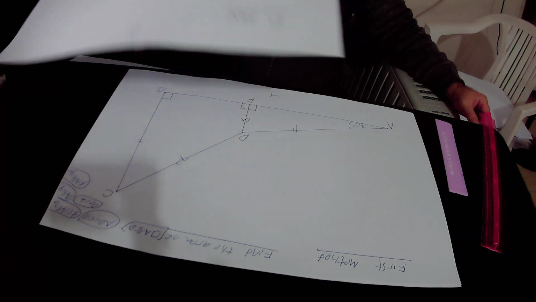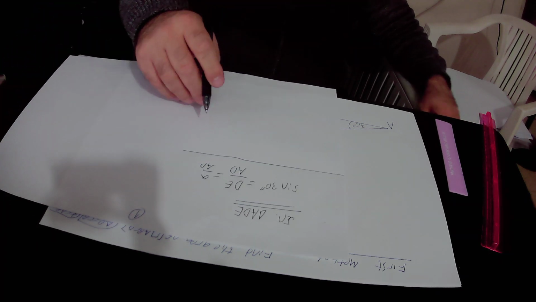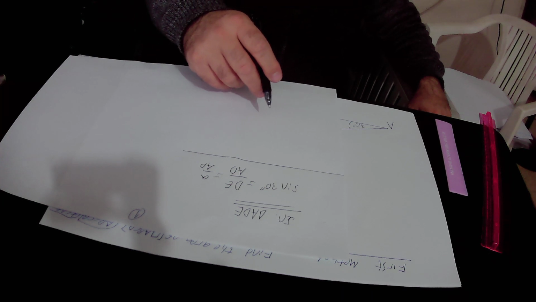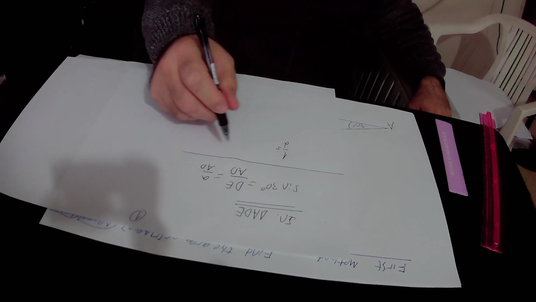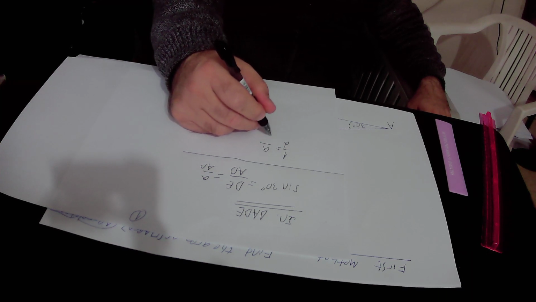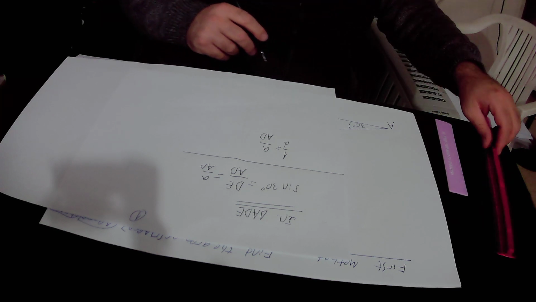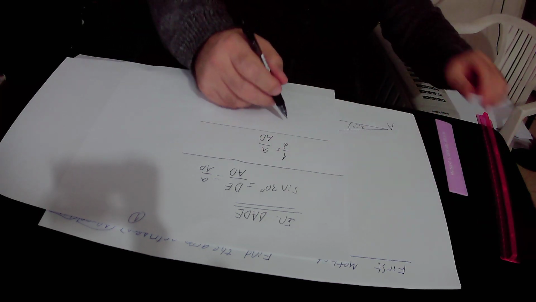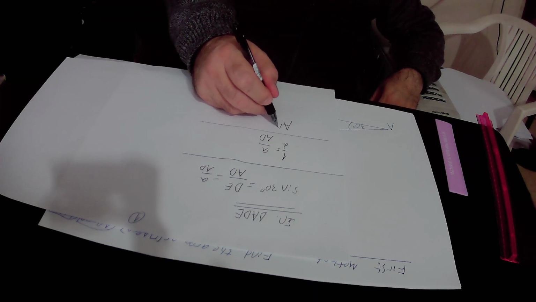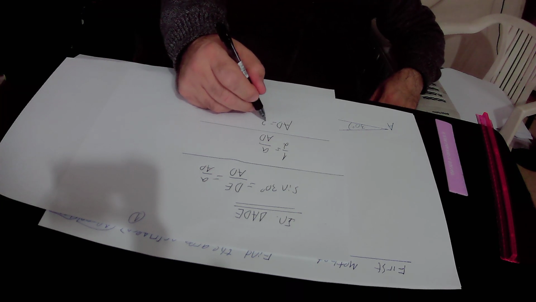So sine 30 degrees equals A over AD. Sine 30 degrees is 1 over 2. So 1 over 2 equals A over AD. Here we will cross multiply this equation and we will get that AD equals 2A.